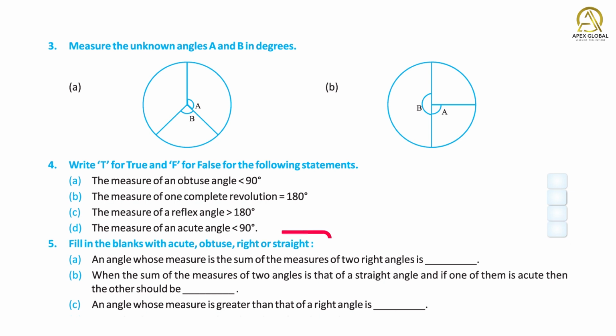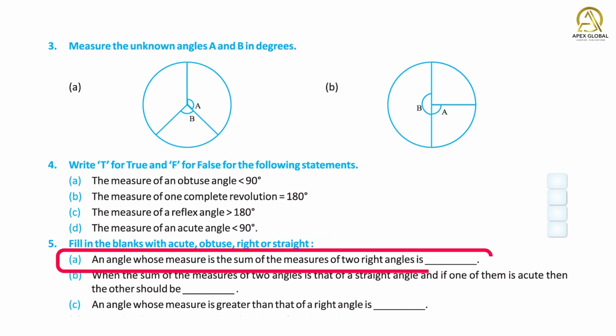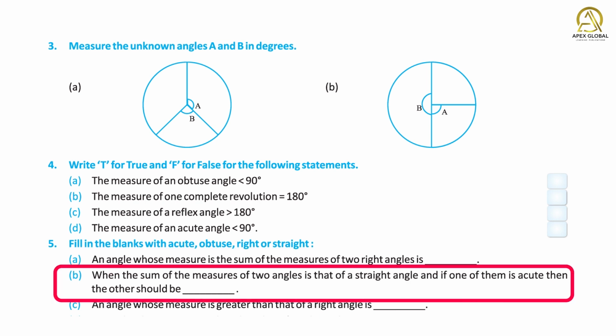Question 5. Fill in the blanks with acute, obtuse, right or straight. A. An angle whose measure is the sum of the measures of 2 right angles is dash. Solution. Straight. B. When the sum of the measures of 2 angles is that of a straight angle and one of them is acute, then the other should be dash. Solution.